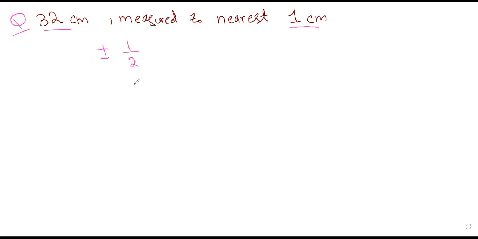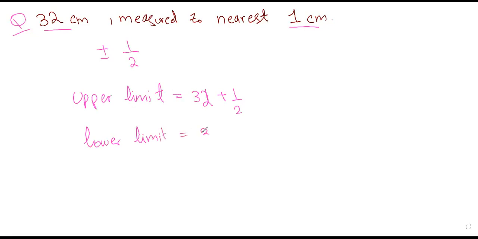And how do we find upper limit and lower limit? Upper limit would be 32 plus 1 by 2. And lower limit would be 32 minus 1 by 2. This is going to give you 32.5. This is going to give you 31.5, right? So is this understood? Yes, understood. Okay.